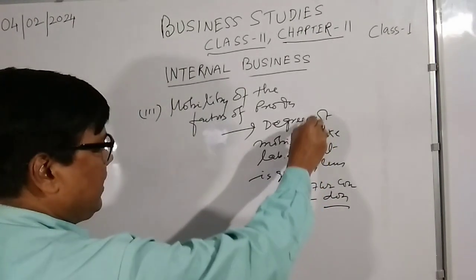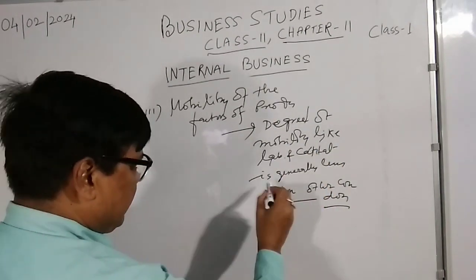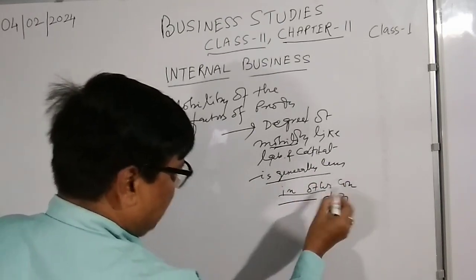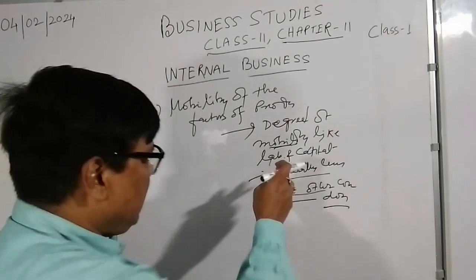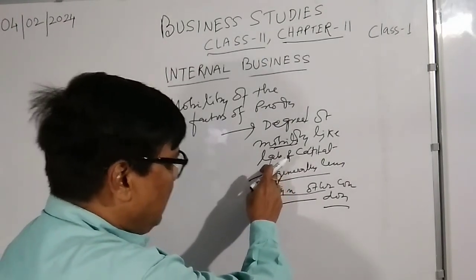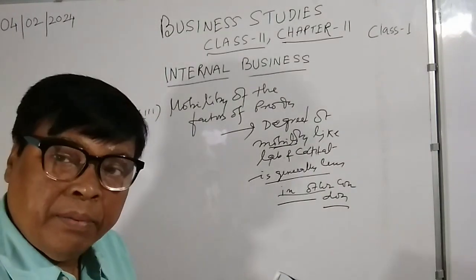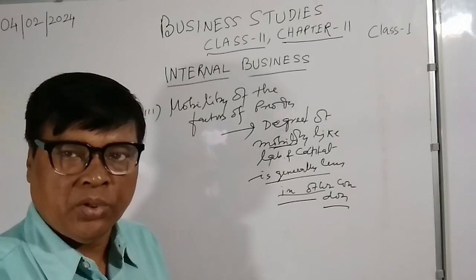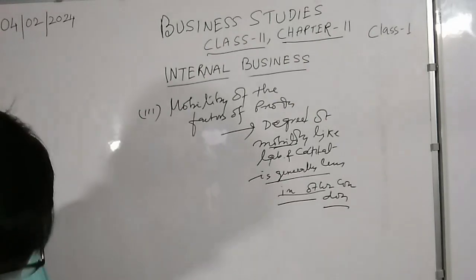You see that degree of mobility like labor, capital, etc. is generally less in other countries. So mobility of labor and capital in your own country will be a little bit easier to handle in comparison to outside states. So that is one point.